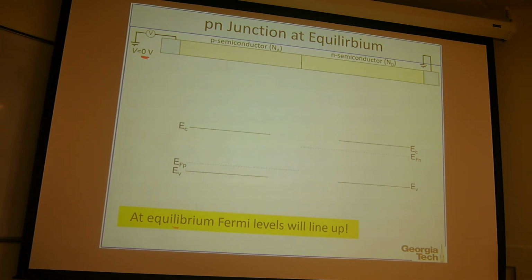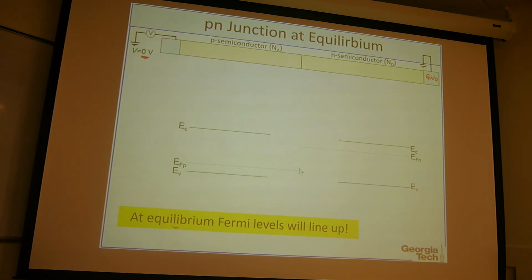Let's still take the n-type as the reference. This is your ground. That means we assume the n-type energy band will not move, it will stay there.